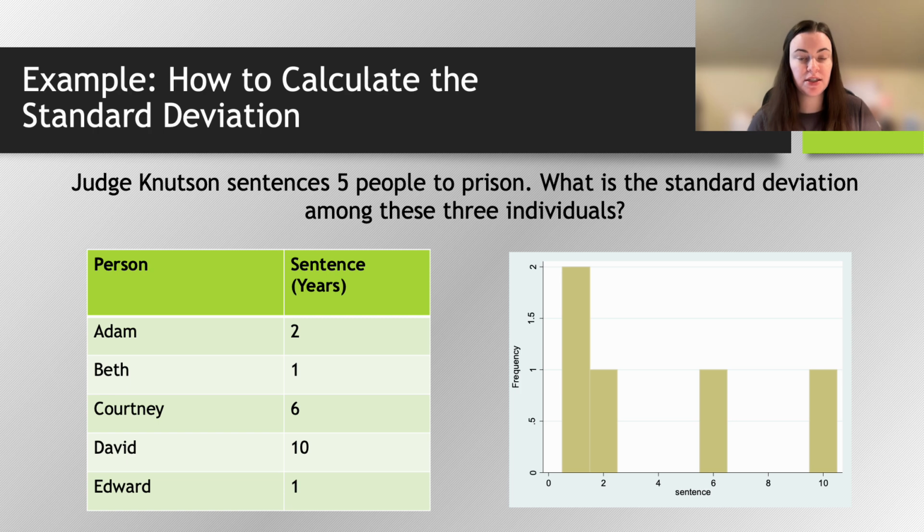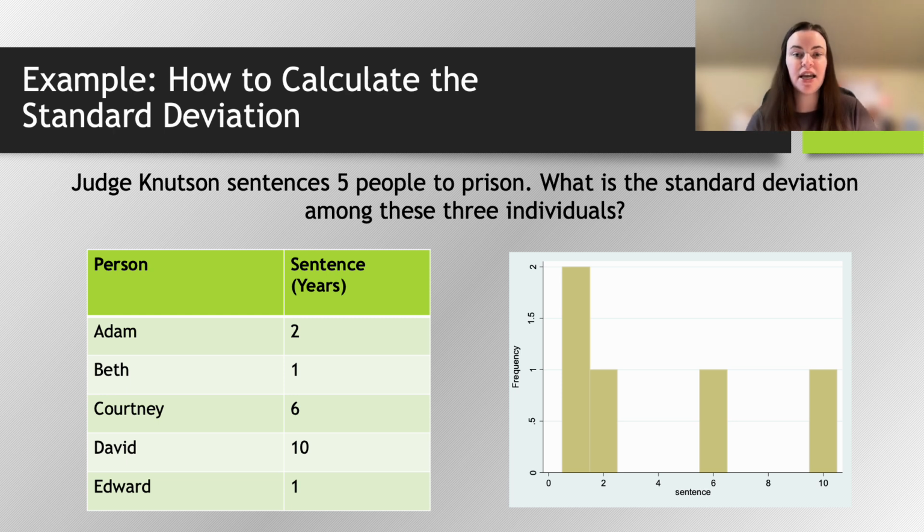When someone is convicted of a crime, they are subsequently sentenced to prison. What we're looking at here on the right is a theoretical construction of what one judge may sentence 5 different defendants to. But again, you might be asking yourself, why do we need to calculate a standard deviation for sentence lengths?